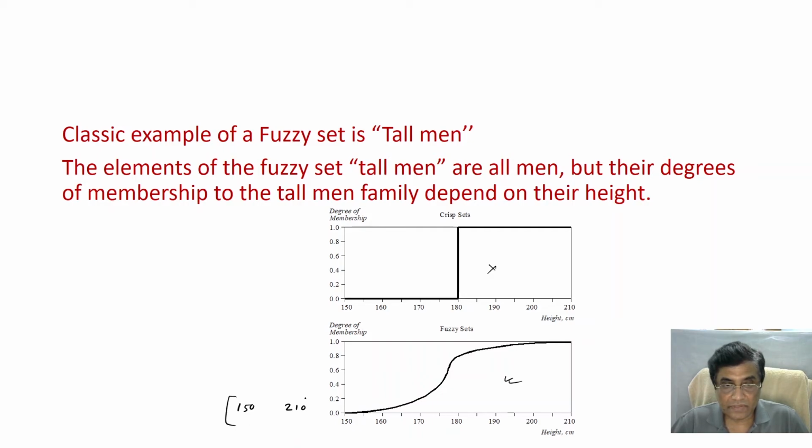It's bounded within this range. This is a jargon term, we call it the universe of discourse. Say I am trying to characterize a tall person's height, tallness. If I would like to create a fuzzy set to capture this attribute, I will first have to create a universe of discourse. That means from what to what I will call a person tall. So that's called the universe of discourse.